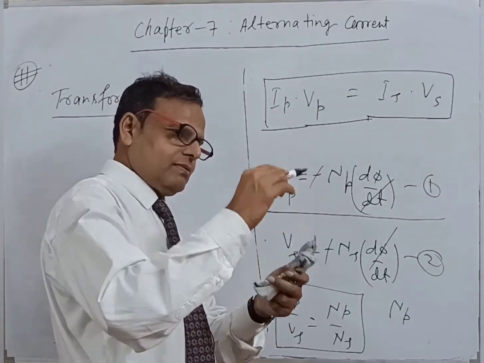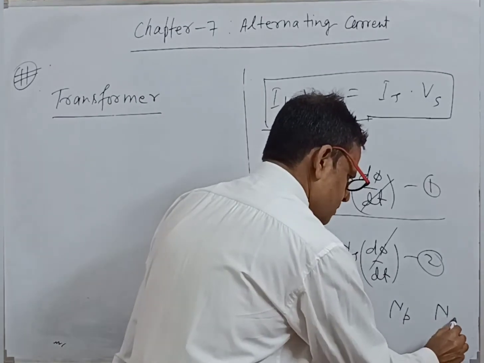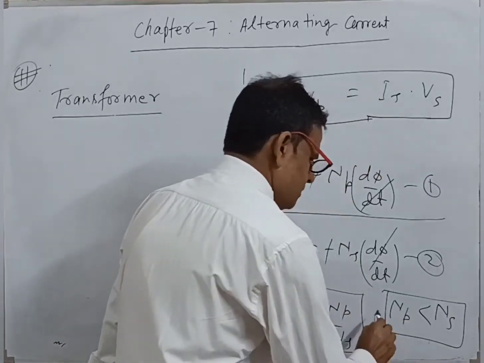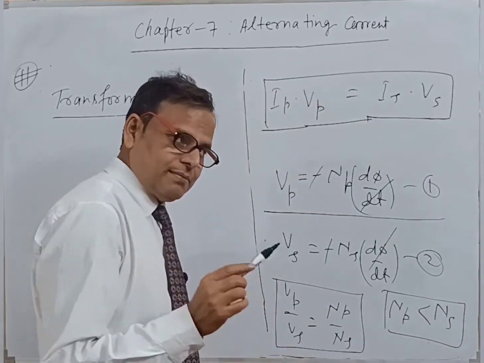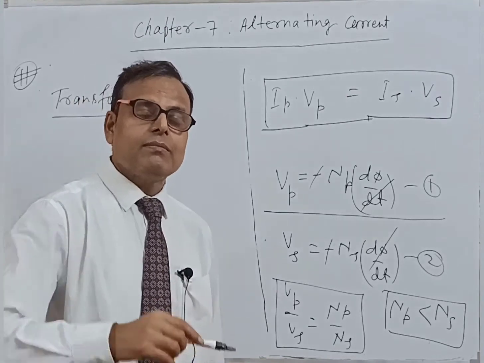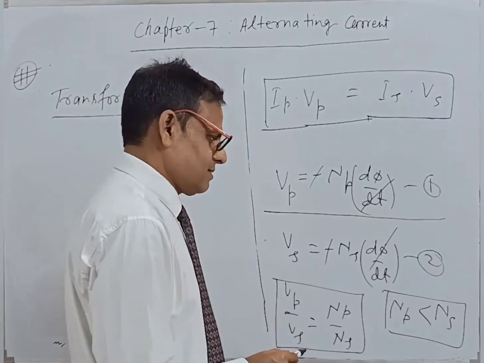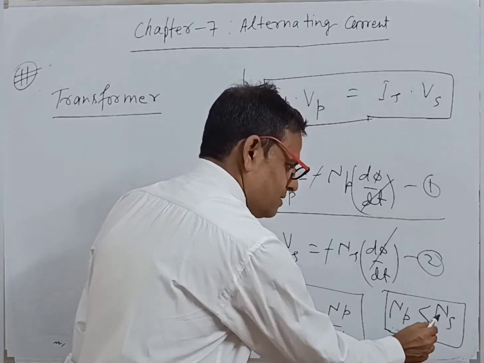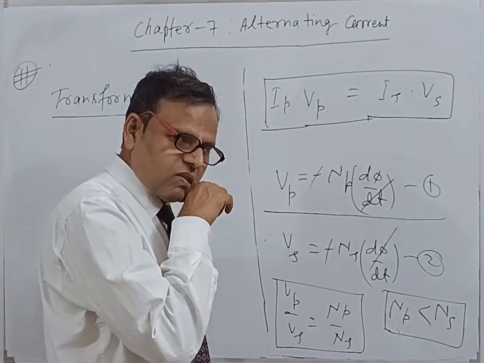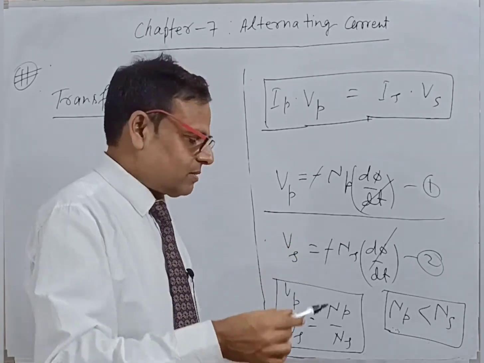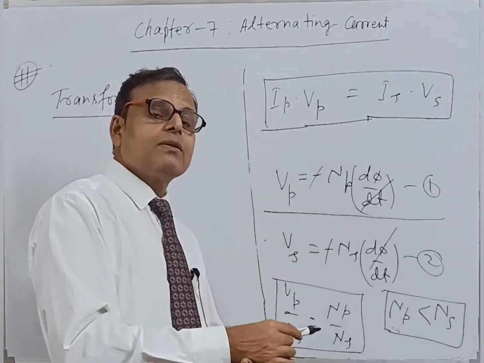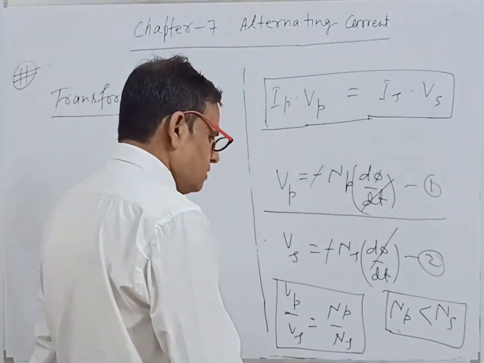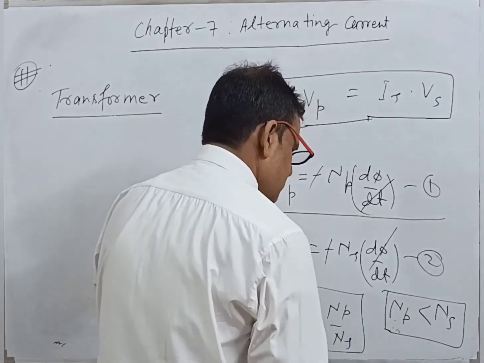Step up means number of turns is greater in secondary. And for step down, number of turns in secondary will be less. So for number of turns in secondary coil more, that will be step up transformer, and for step down, number of turns in secondary coil will be lesser. So you can understand it very well.